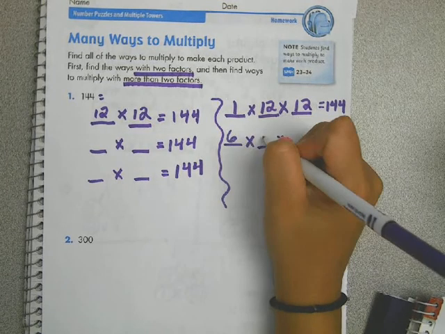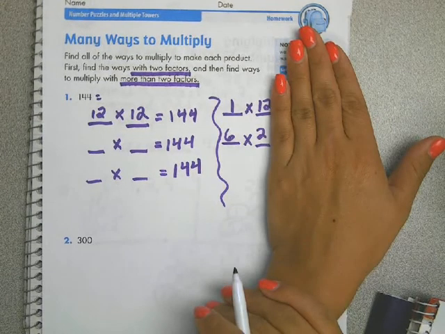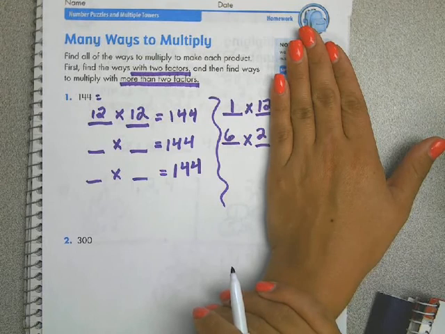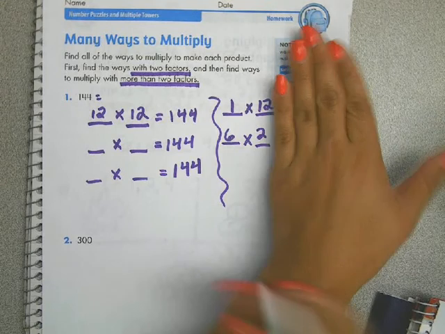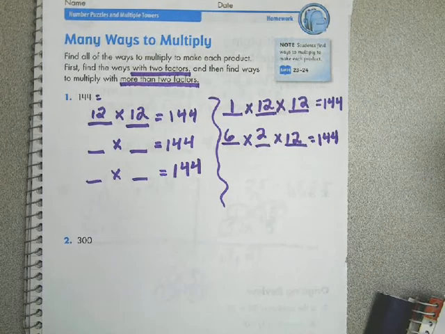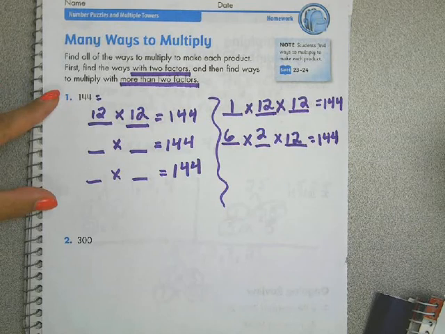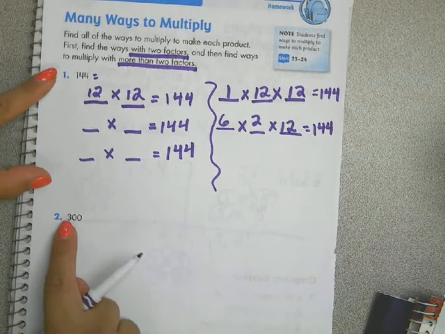That is super easy, but yes, that does work. 1 times 12 times 12 is 144. What else? 6 times 24. Is that with 2? We want more than 2 factors.